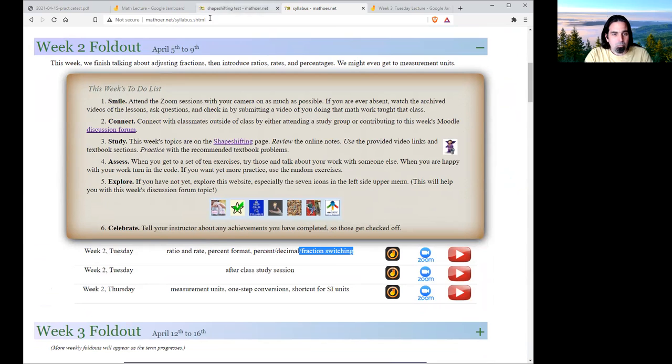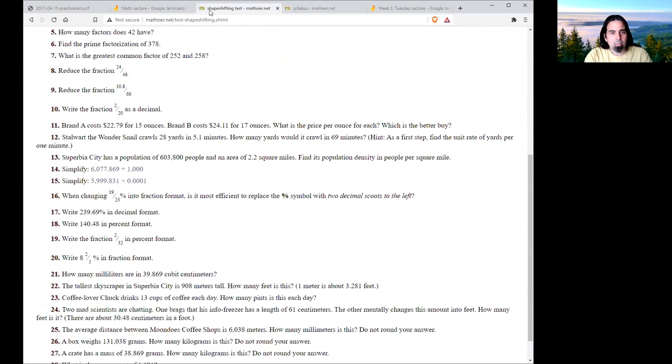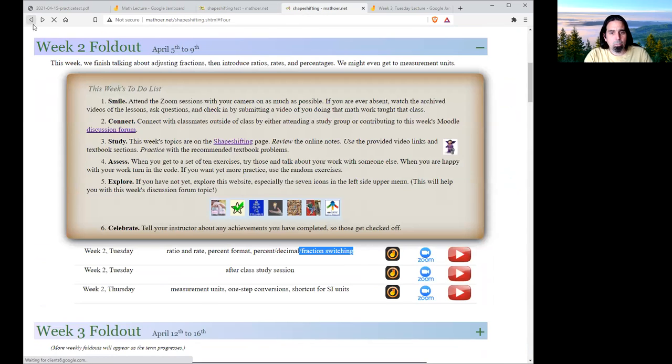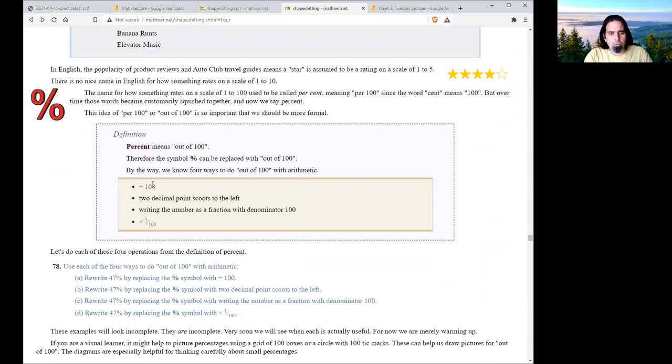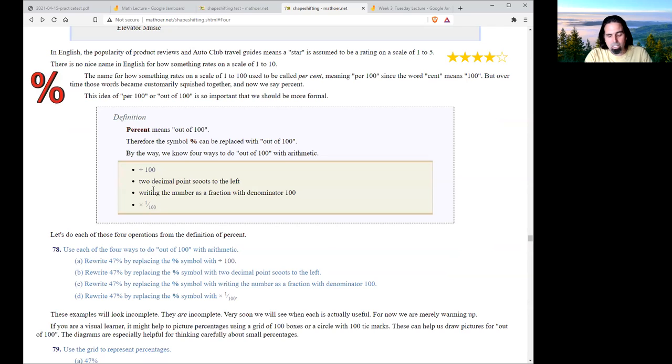If you were there in class, or watched the video, then it makes sense that there are these 4 different ways to switch out of percent. In some situations, this one's easier. In other situations, that one's easier. You have that background context.